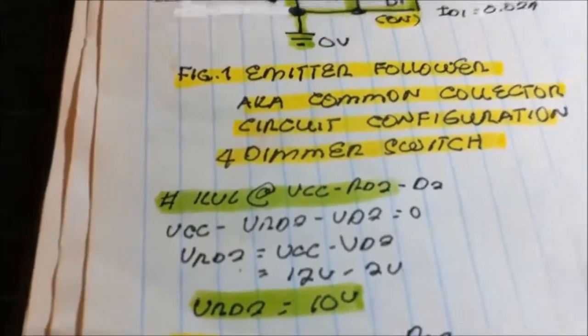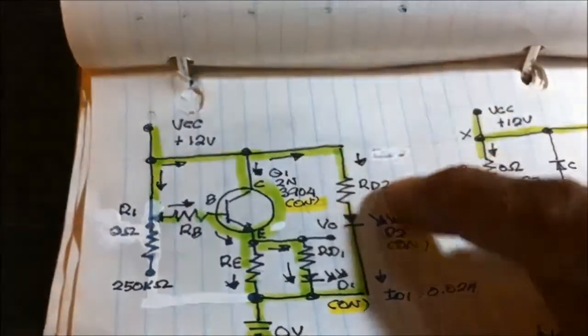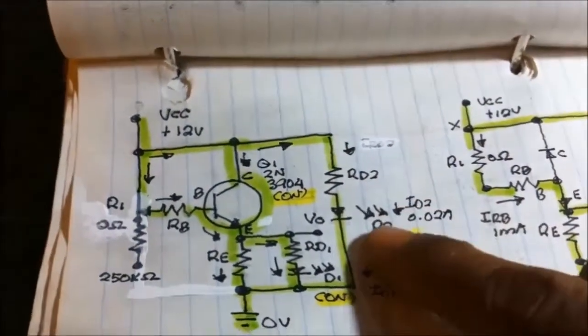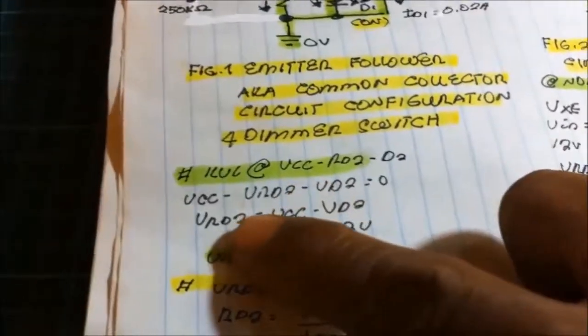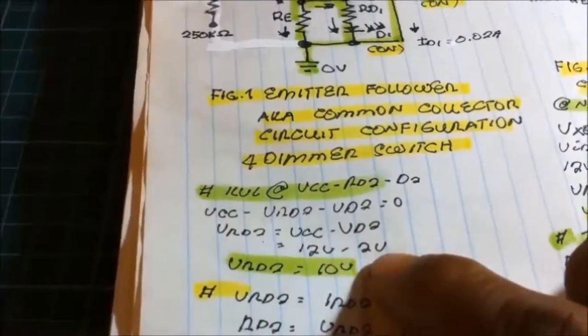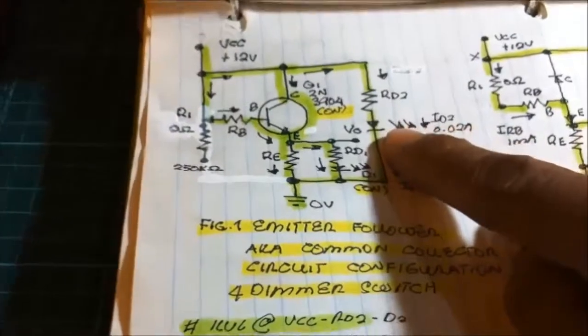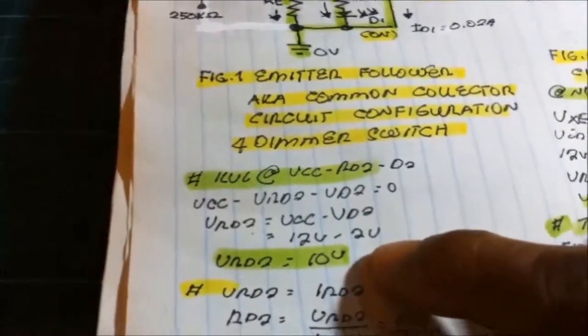There's a first KVL here, VCC, RD2, LED. This is the first KVL for computing the value of RD2, power LED. So we got here the KVL, 12 volts minus the 2 volts, voltage rating of this LED given in the data sheet.